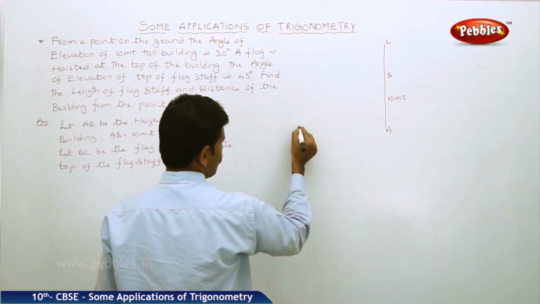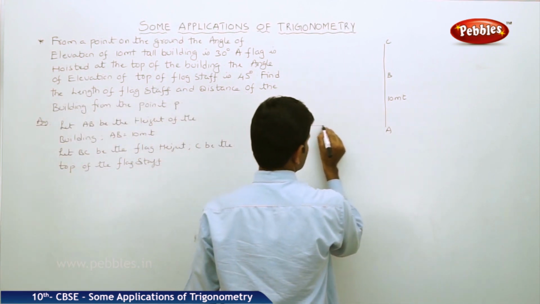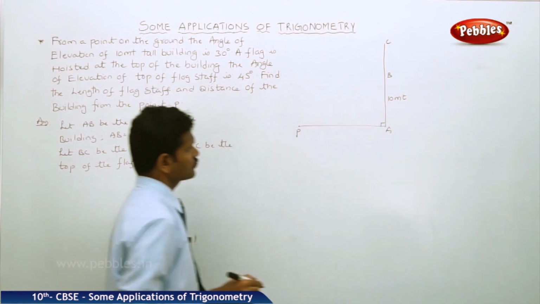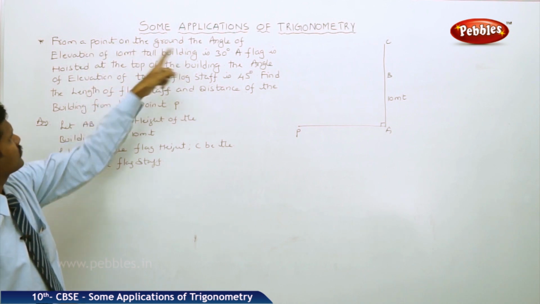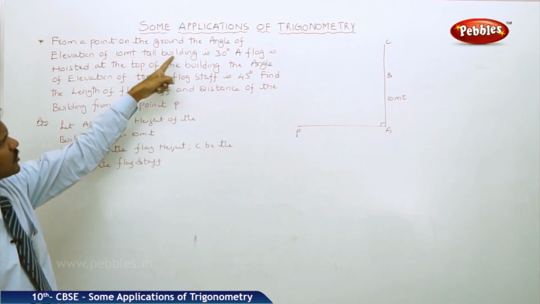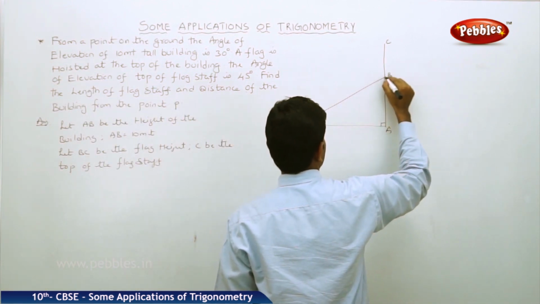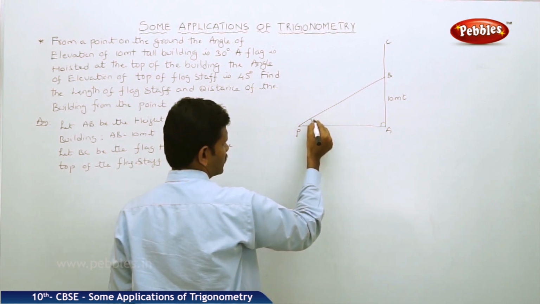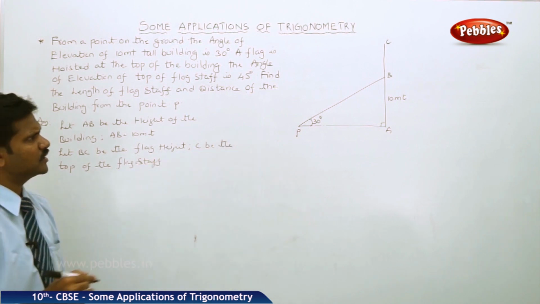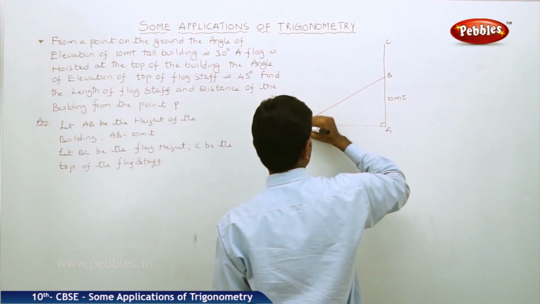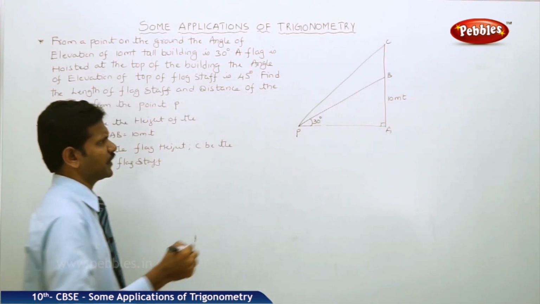Now from a point P on the ground, the angle of elevation of the top of the building B is 30 degrees. From the same point, the angle of elevation of the top of the flagstaff is 45 degrees.